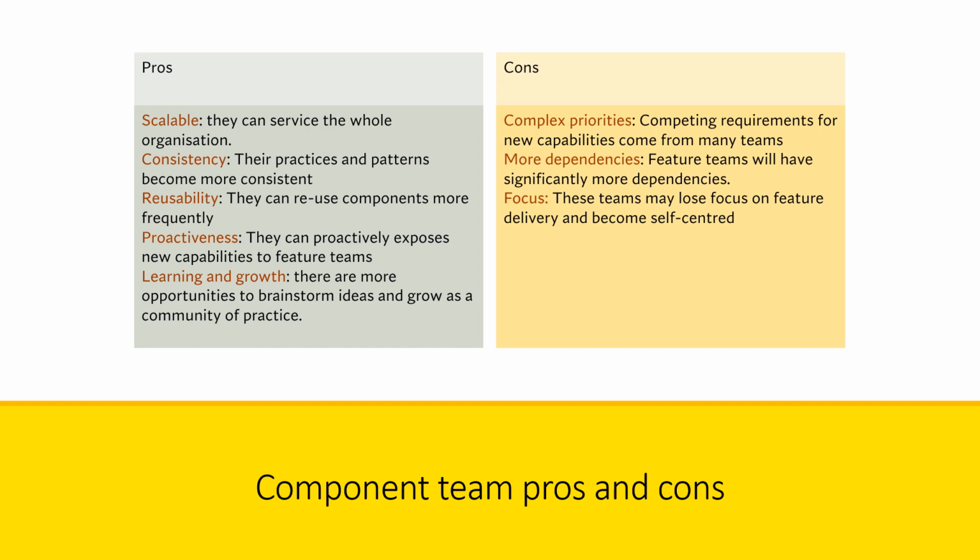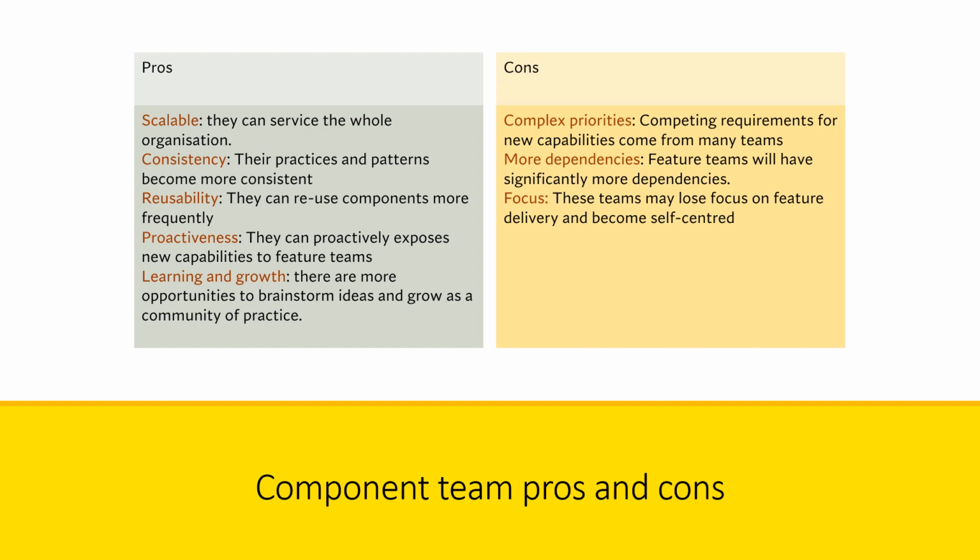So the benefits of having such teams in our team topology is that they are very scalable. Going with the example of the API/microservice team that we discussed earlier, they could easily scale their operations up above this program of work. They could even go organization-wide and support the whole organization with their API needs, with their service needs.